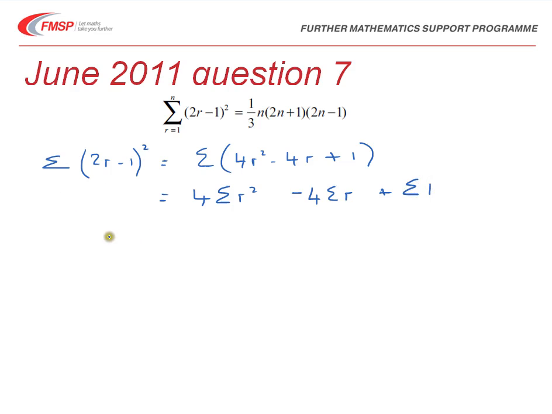So the substitution then of our formula, which again we can quote, it's 4 multiplied by 1/6 n(n plus 1)(2n plus 1) minus 4 times 1/2 n(n plus 1), and then that crucial little bit at the end is plus n.